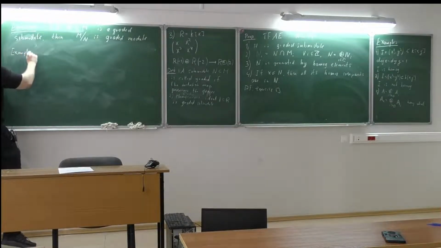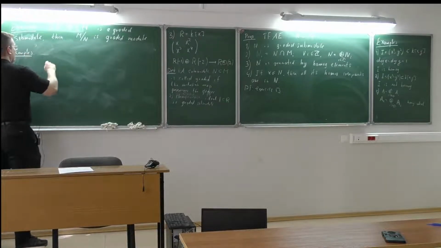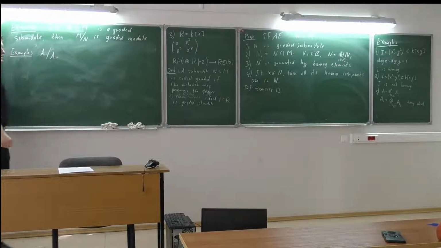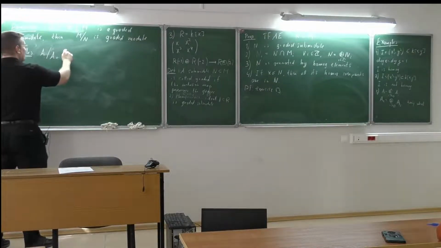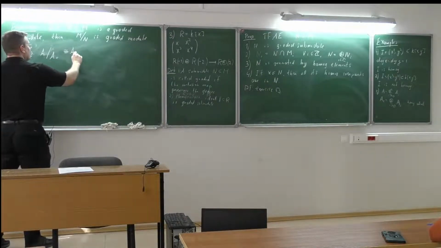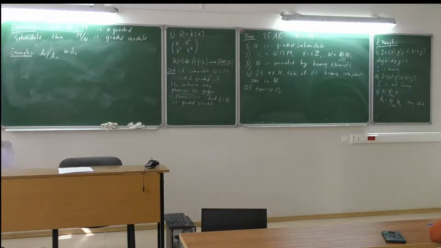And again, let's do examples. If you take the quotient of A by A plus, clearly you're getting just A0, which is of course graded, but the grading is not very interesting, since everything sits in one degree.